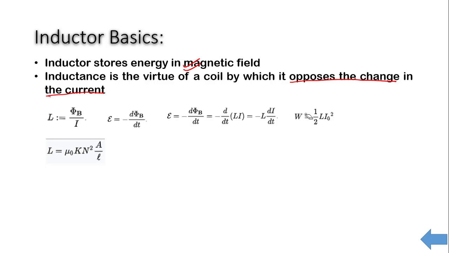Now let us have the formula of an inductor, where you are having an iron piece on which you have wound some number of turns of a wire.